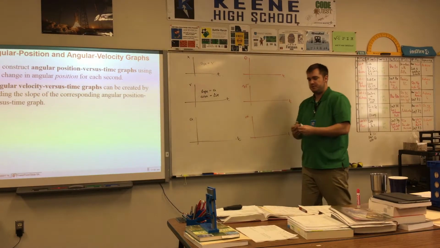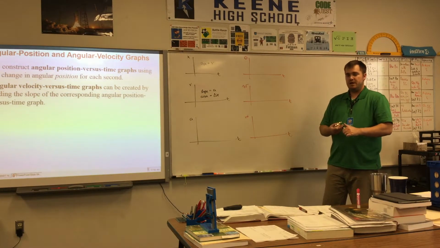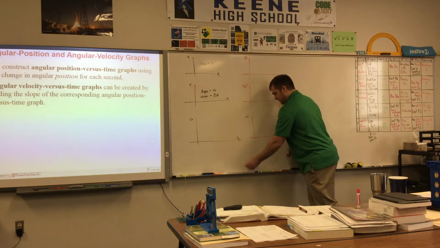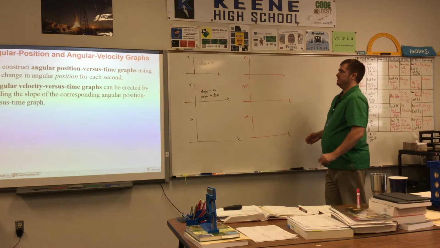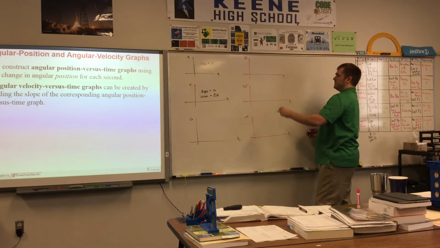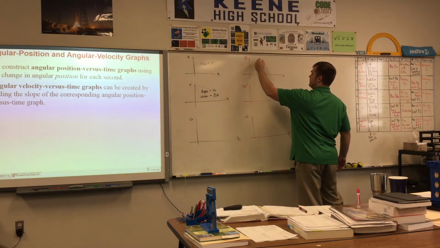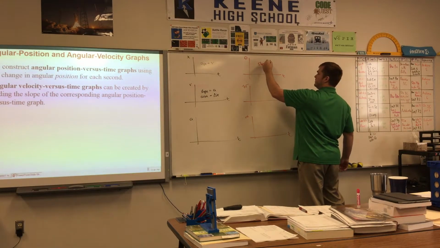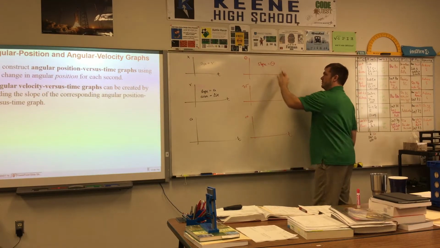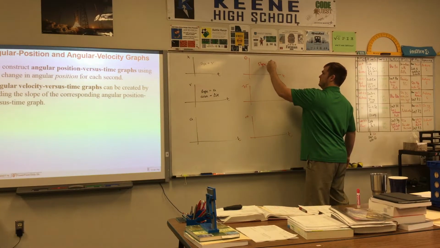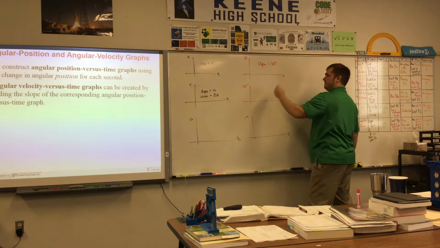Well, guess what? When I was teaching you all those things about linear motion, I was also teaching you the same thing secretly about circular motion, because we saw they're completely parallel. So therefore the slope on this graph is equal to omega.